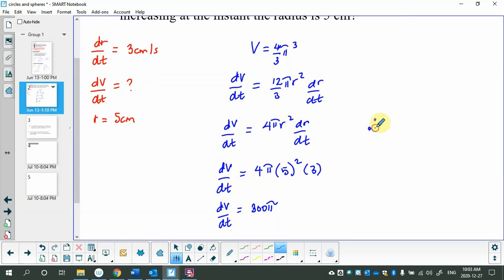So therefore, the volume is increasing at 300 pi centimeters per second, but volume isn't centimeters, it's centimeters cubed. And there I have my answer.